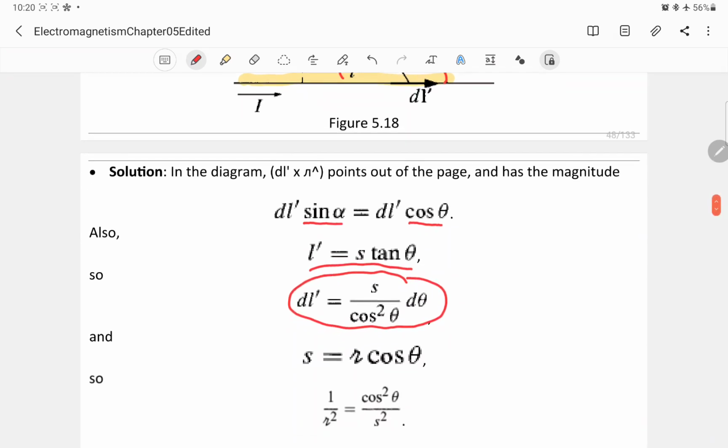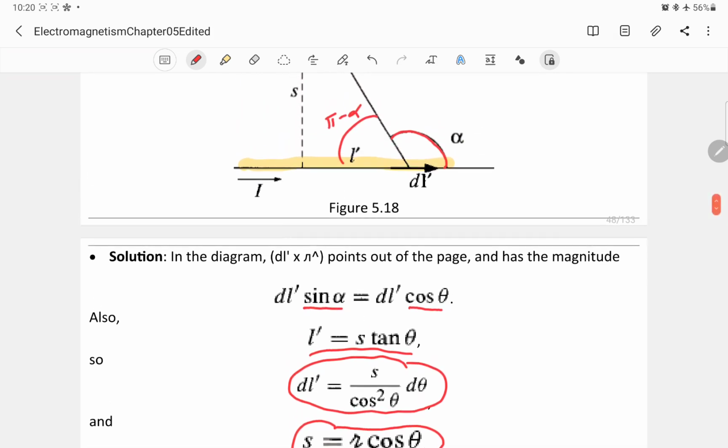Our s now would be equal to this, and 1 over r squared would be given by that.